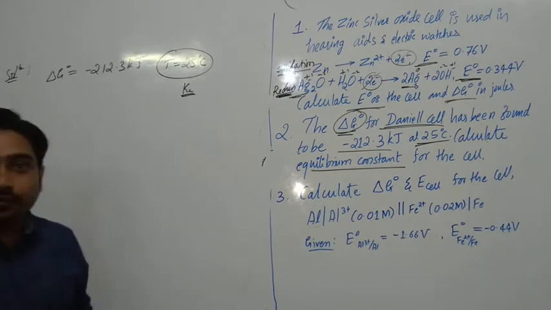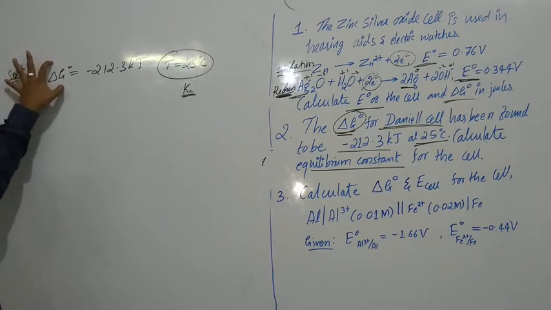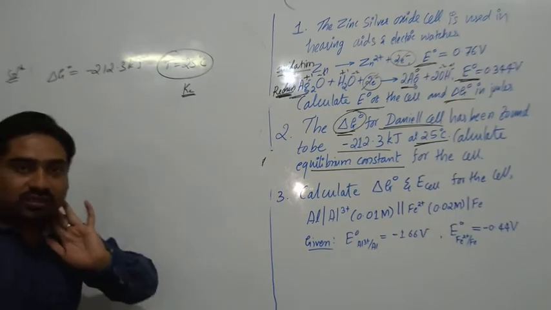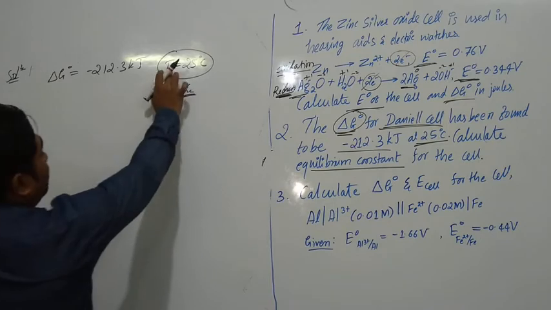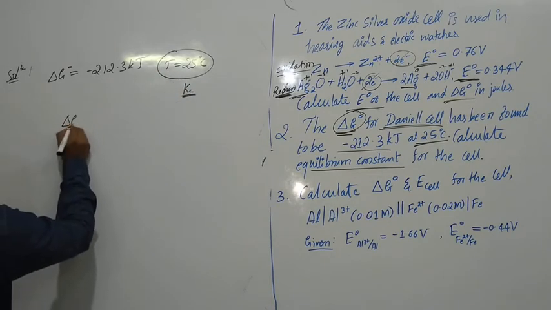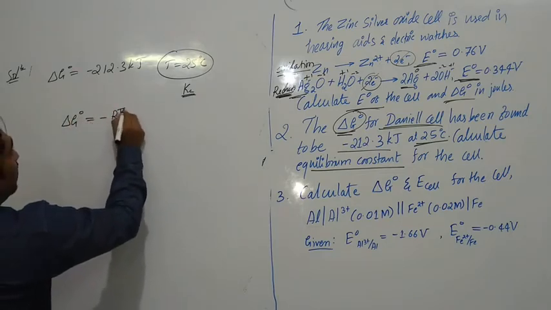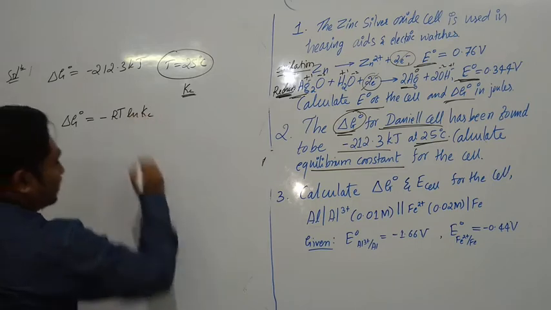Which formula we have to use? We have got two formulae for calculation of delta G naught or equilibrium constant. However, they have given the value of T. So delta G naught is equals to minus RT ln Kc.